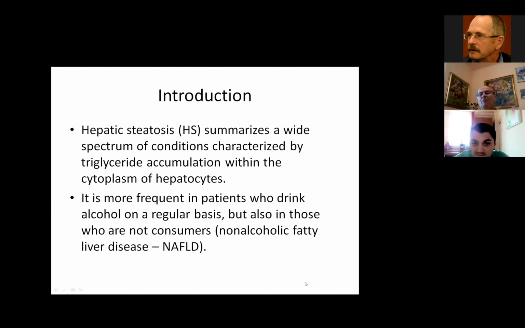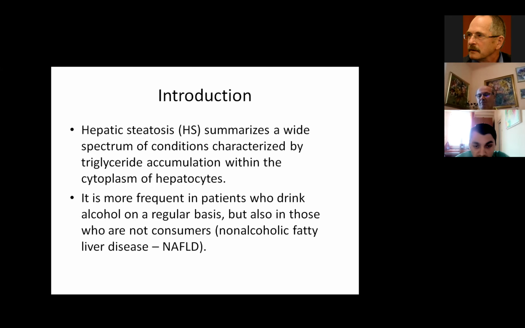We know that hepatic steatosis summarizes a wide spectrum of conditions that are characterized by triglyceride accumulation within the cytoplasm of hepatocytes, meaning fat accumulation inside the liver cells. It's quite frequent in patients who drink alcohol, but also in those who are not consumers.